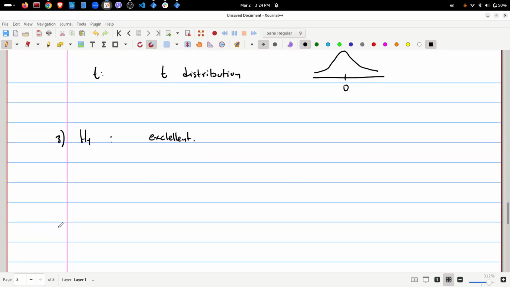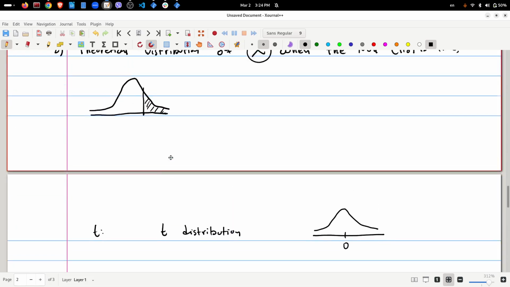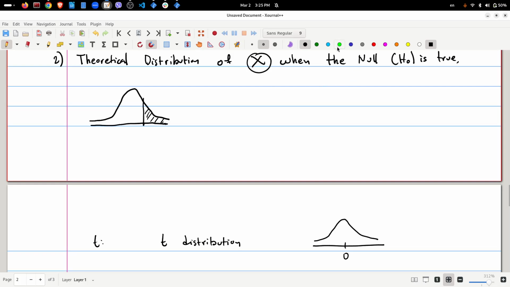If someone claims that the student is really bad, which means that he has a lower mark than expected, I would like to calculate the probability to have the observation x or lower values. The observation could be here also, or lower values, then this could be all this thing.